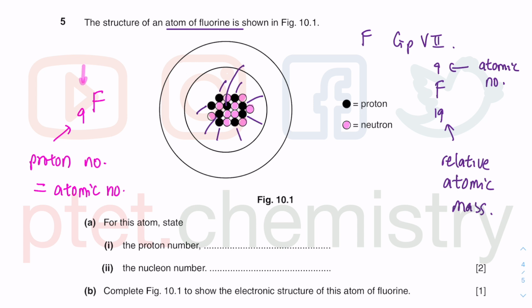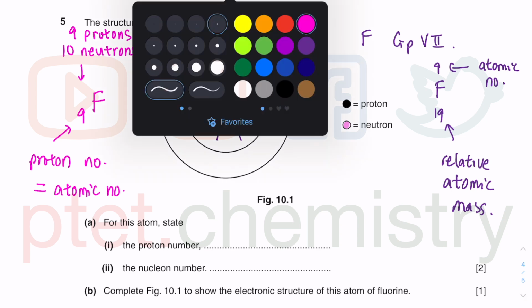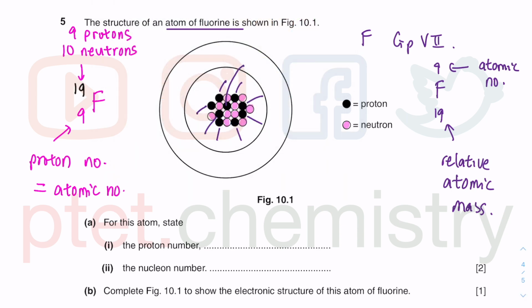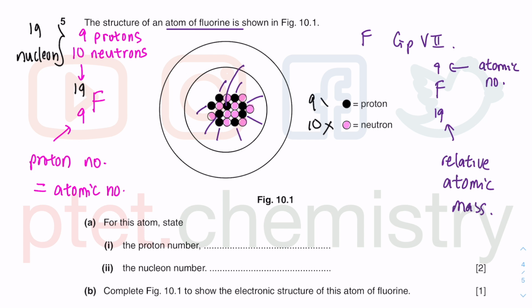So I have 10 neutrons, but I also have 9 protons, and therefore altogether I have 19 nucleons. So nucleons are all the particles in the nucleus, which include the protons and the neutrons. You have 10 neutrons, you have 9 protons, so your 19 is your nucleon number.